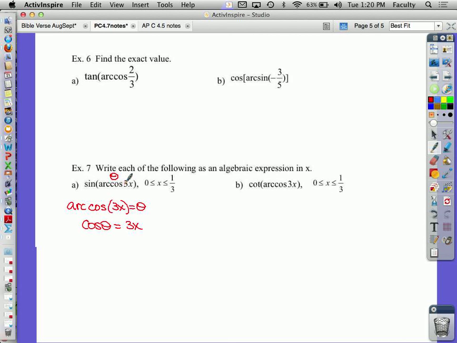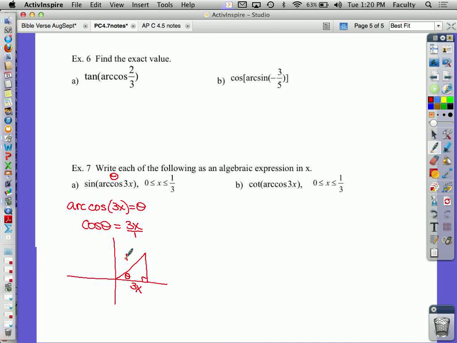If I'm plugging 0 to 1/3 in for that x, that's going to give me something positive. So I'm in the first quadrant. Here's theta. Cosine, remember from SOHCAHTOA, is adjacent over hypotenuse. Well, 3x is technically equal to 3x over 1. So here's my 3x, and there's my 1.